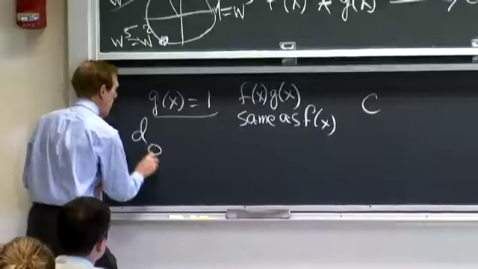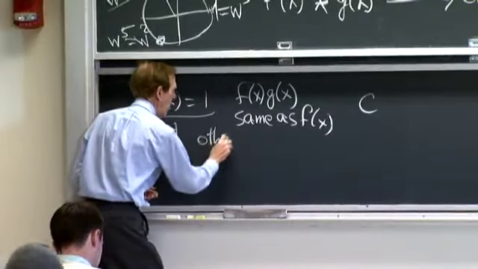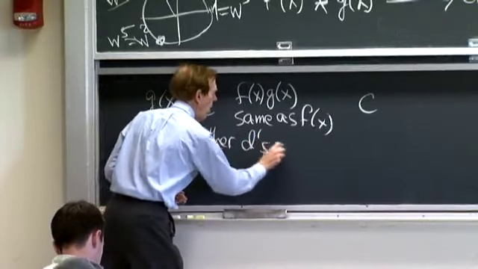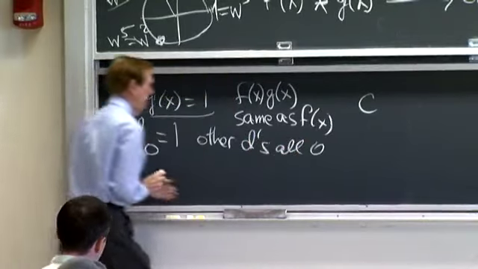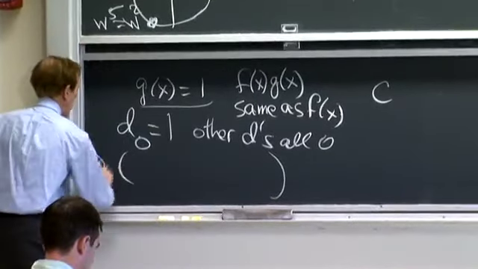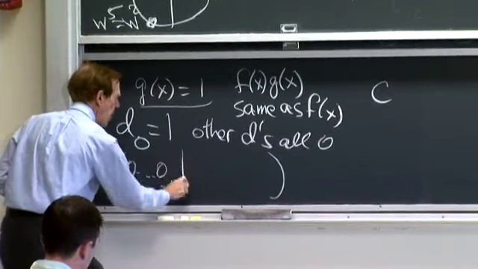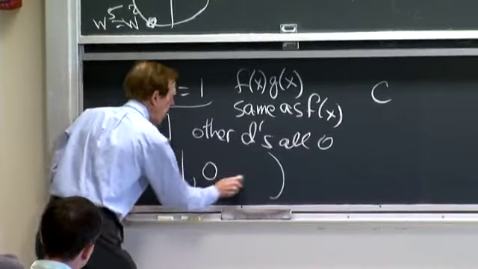D0 is 1, and the other D's are all 0. So my vector of D's is a whole lot of zeros on the negative side, a 1 right there in the center, and then a whole lot of zeros.